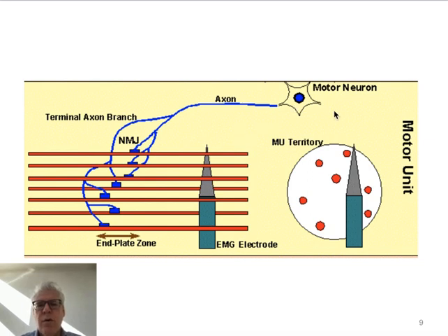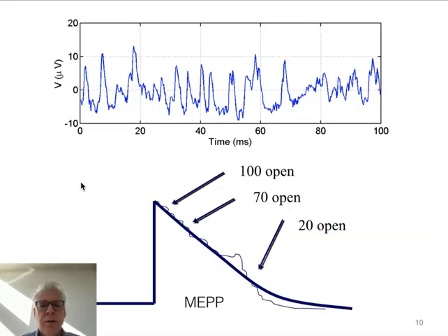So you've seen this picture before, a motor neuron axon and the connection with the chemical synapse to several muscle fibers. So this is the motor unit. And if you do a recording with a needle in some patients, then you can actually measure those miniature end plate potentials. And we did that many years ago.